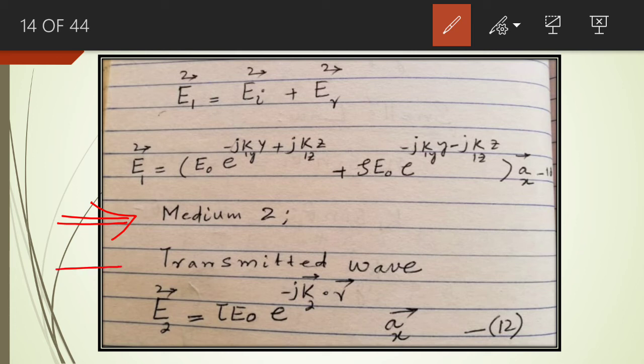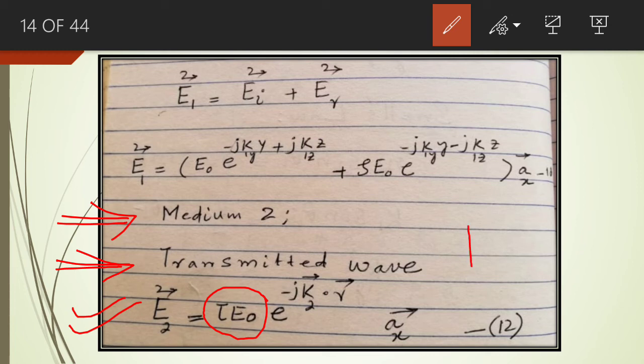So we consider the electric field intensity of the transmitted wave in the second medium. The phasor value of the electric field intensity in the second medium is represented by E2, and tau E naught represents the fraction or the remaining energy of the incident wave which is transmitted to the second medium.